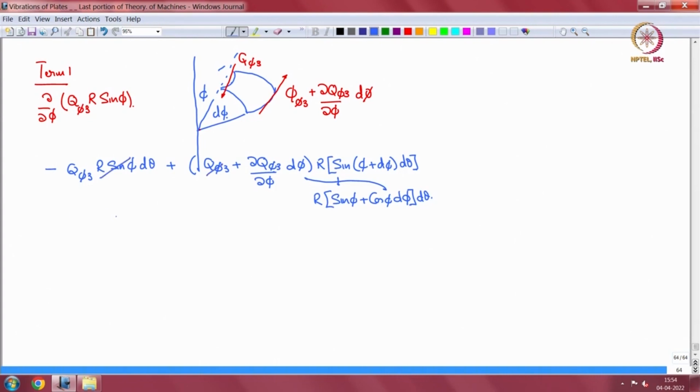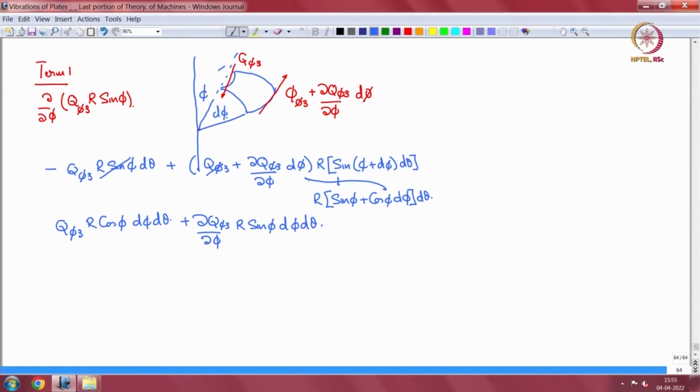Then I have q phi 3 r cos phi d phi d theta, plus del of q phi 3 by del phi r sine phi d phi d theta.